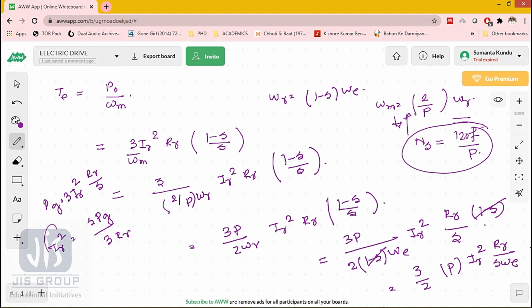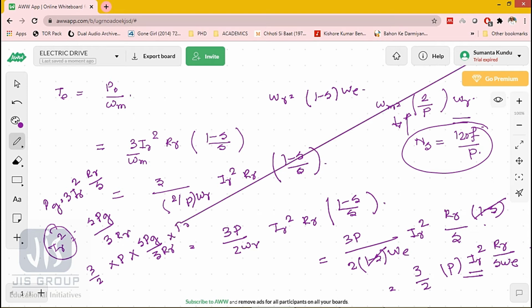So this value of IR square we put here. So it will become 3 by 2 into p into s Pg by 3 RR into RR by s omega e. So this RR cancels, 3 will cancel.